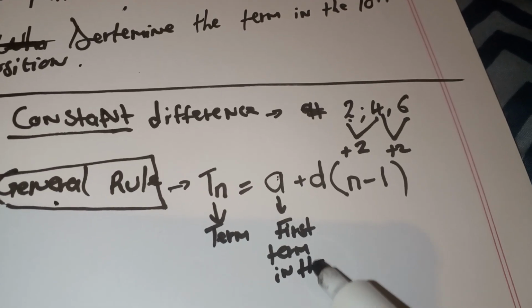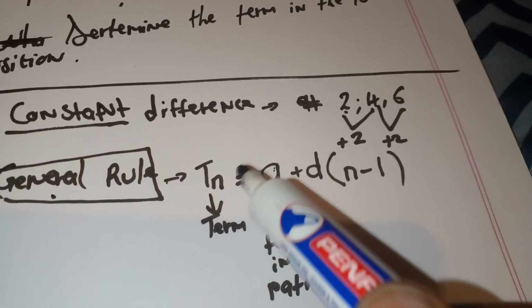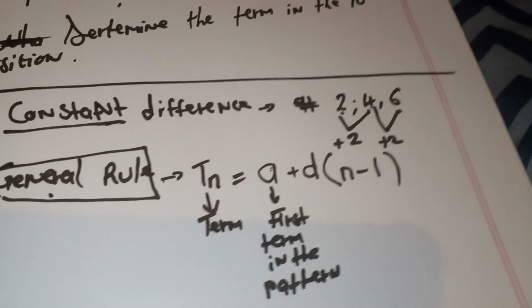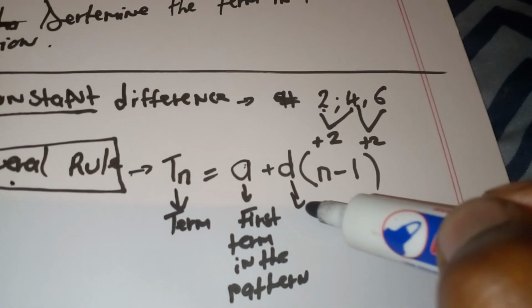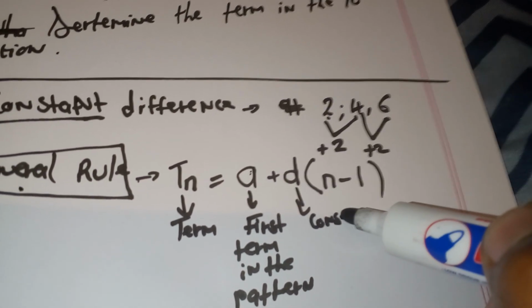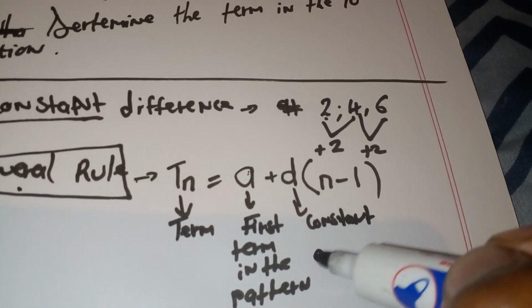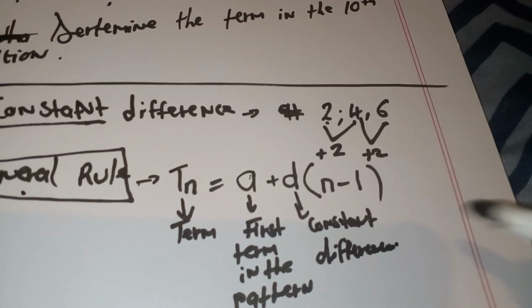They can use any letter, they can say it's B or C, whatever they want to use. The D I call the constant difference.